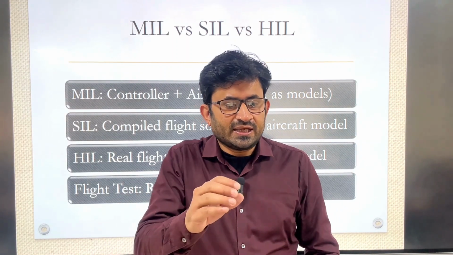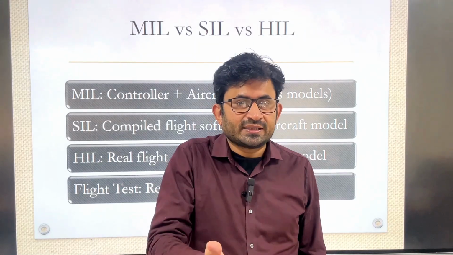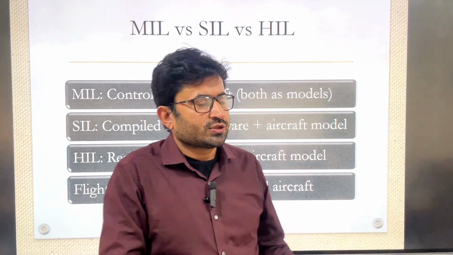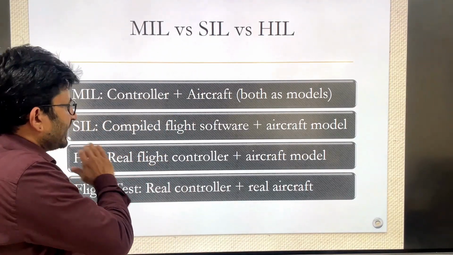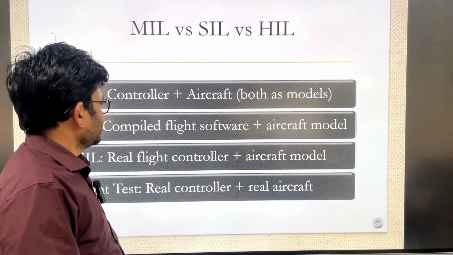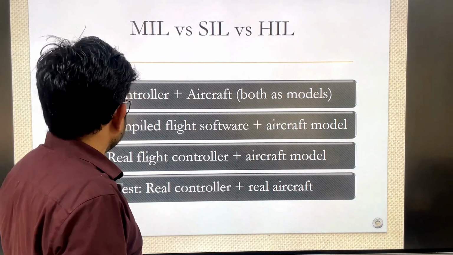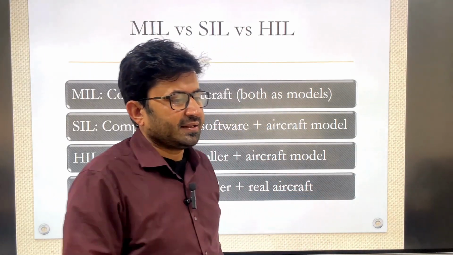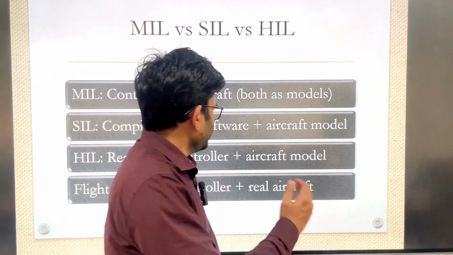Okay, and that code you can actually deploy in the real hardware and you can fly the aircraft. So that means you have to compile the code in C or C++. Okay, so that is the basic difference between MIL and SIL. The code should be compiled, logic should be included, and embedded constraints have to be put.